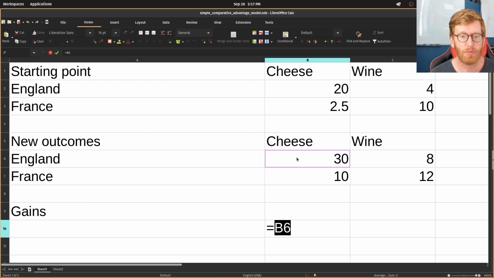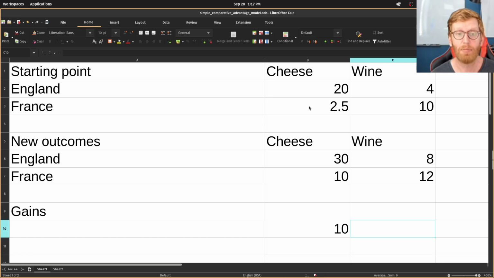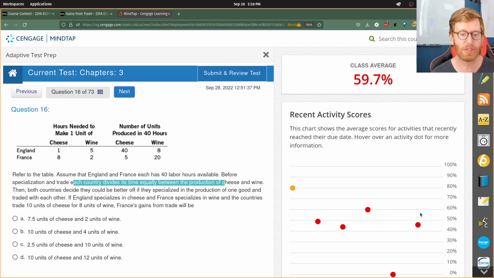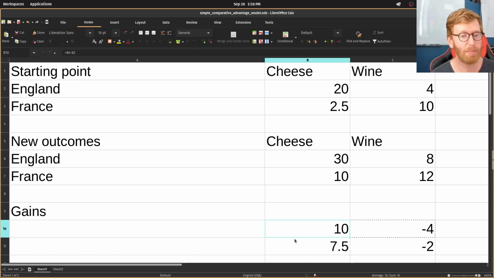So England ends up with, well, clearly 10 more units of cheese than they would have had. And, oops, wrong way. And 4 more units of wine than they would have had. I might have messed up a negative sign there, but let's see if these numbers add up. All right, 7.5 plus 2, and we're thinking about France.